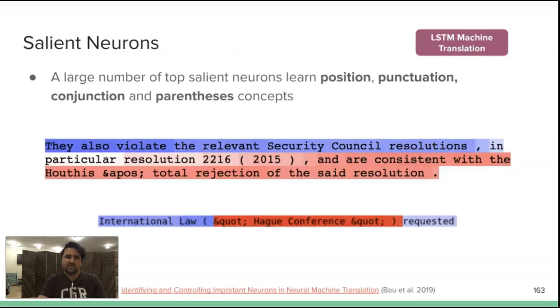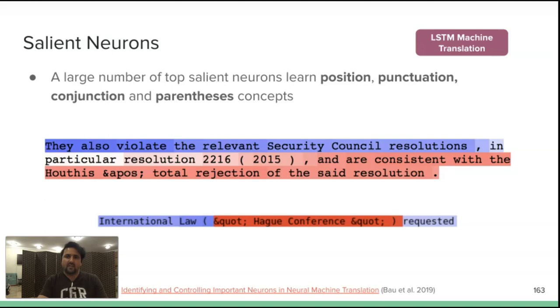Rather than trying to discover the neurons that capture specific linguistic or predefined phenomena, some authors also tried to analyze what the most important neurons in the network do. They did a cross-model correlation analysis to find out what is the most salient information in the network, what are the most important neurons.